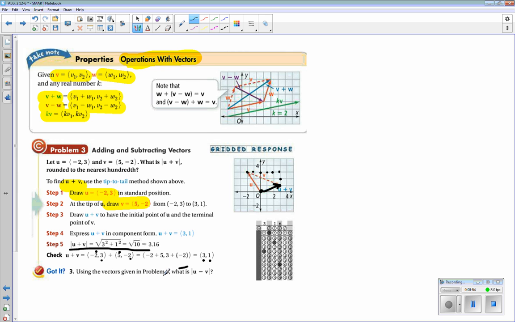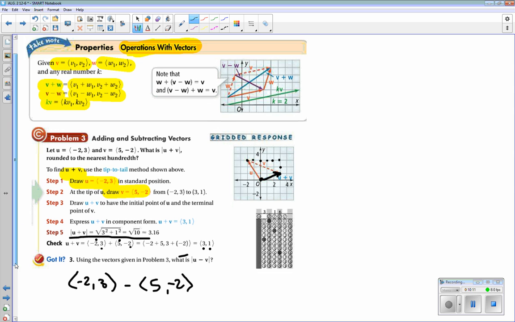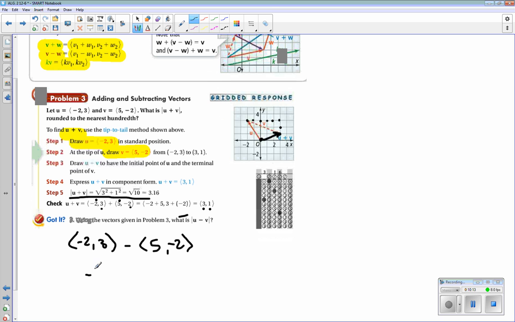Using the vectors given in problem 3, what is u minus v? I think we can easily go negative 2, 3 minus 5, negative 2. So that is negative 7 and 5.